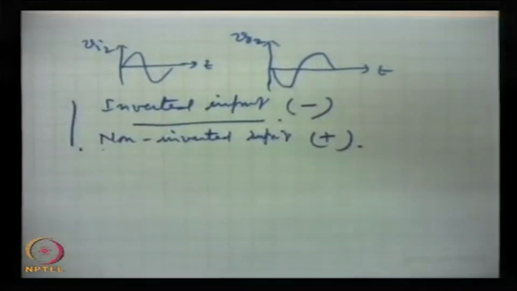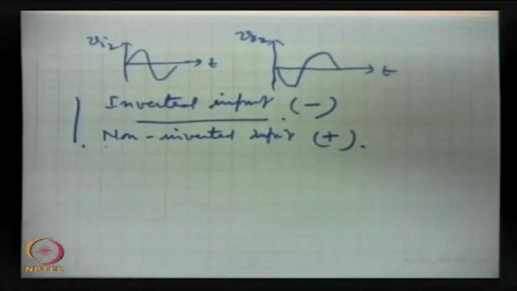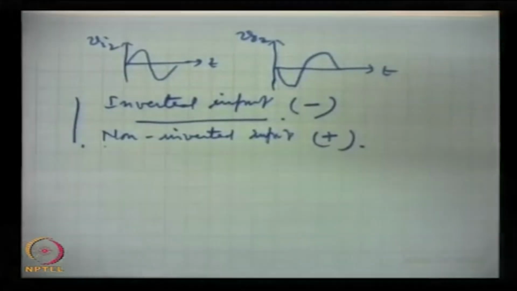Now, we return back that these are the contributions VO1 and VO2, the contributions from individual sources. When the first Vi1 was activated, we got the output here.